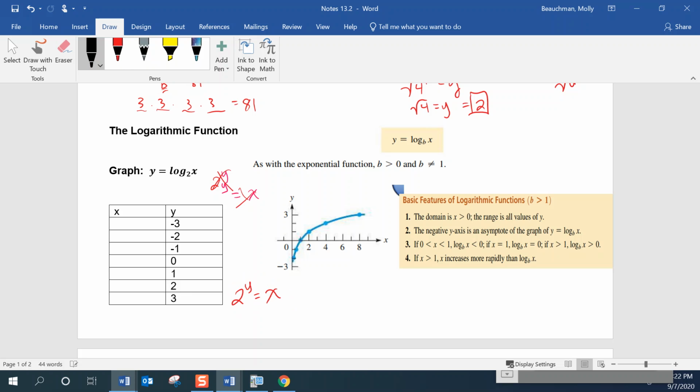So notice that's opposite of what we graphed before. We graphed y is equal to 2 to the power of x. So I've put the values in for y this time, because we can take 2 to that power. So notice the x and y's are switched in the logarithm; they were exactly opposite of what they were in the exponential.